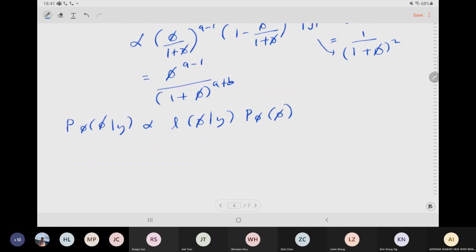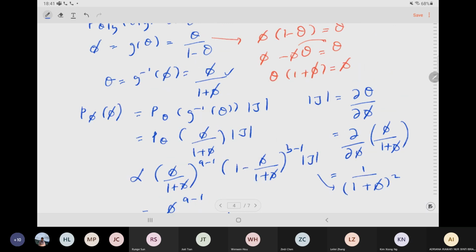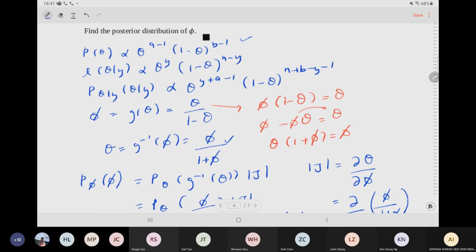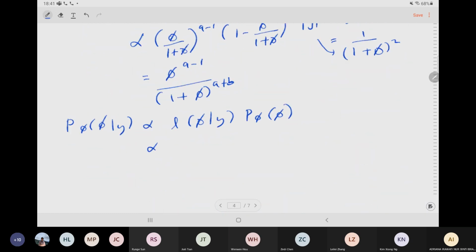The likelihood, if you remember, is the kernel of a binomial. So what happened here is you just replace your theta with your G inverse phi, without the Jacobian.